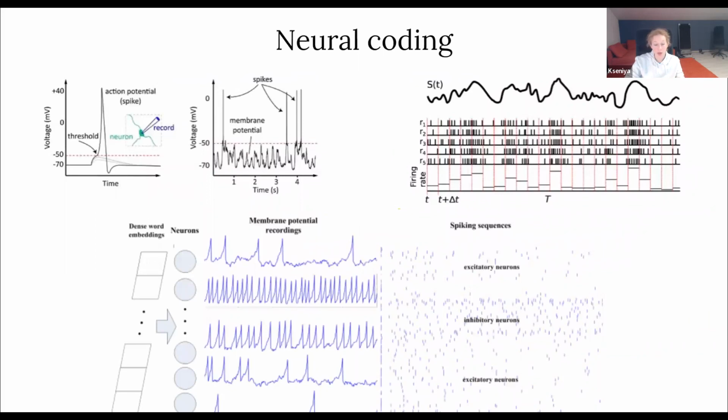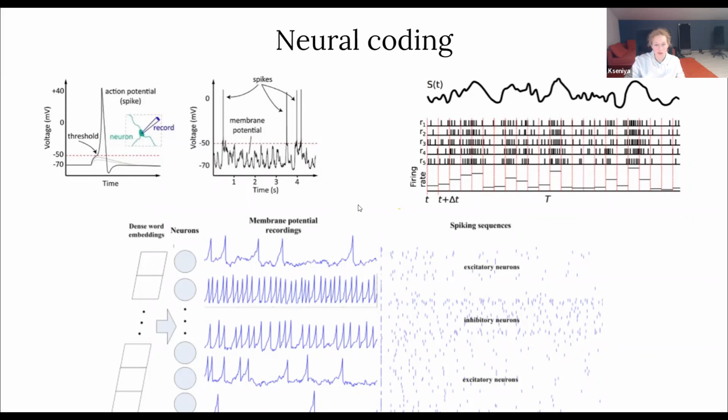So in the real brain, the neural code is more complex than just ones and zeros, and a neuron can encode frequency, and its potential can also be taken into account, because sometimes we haven't got a spike, but we have some differences in membrane potential, and it also can play a role.